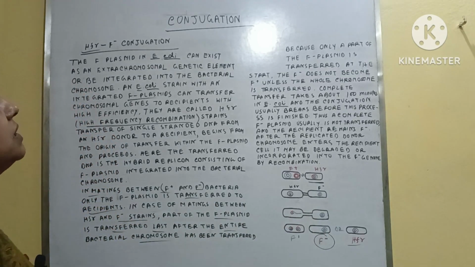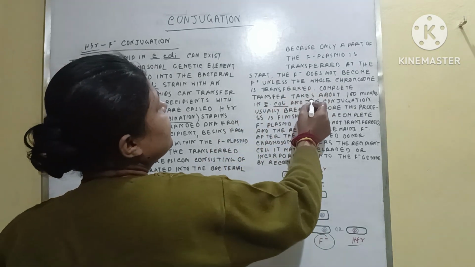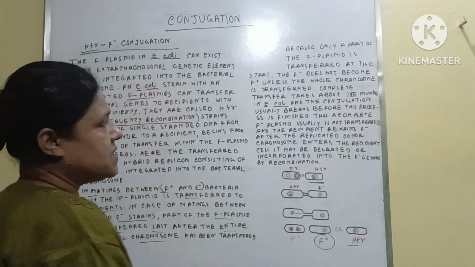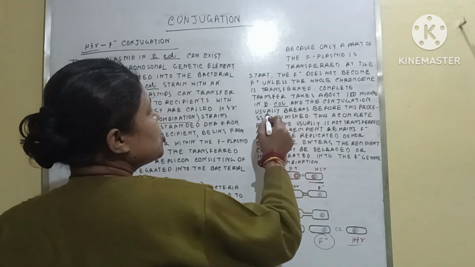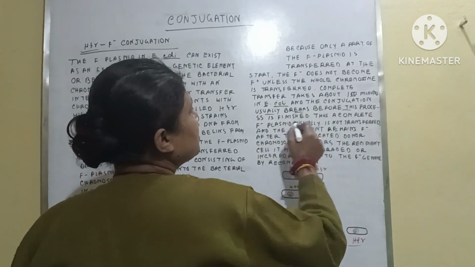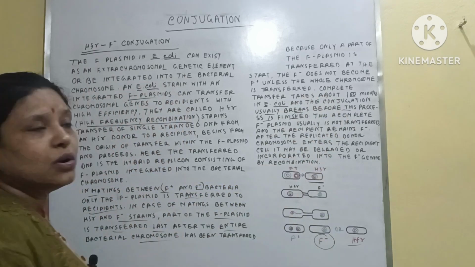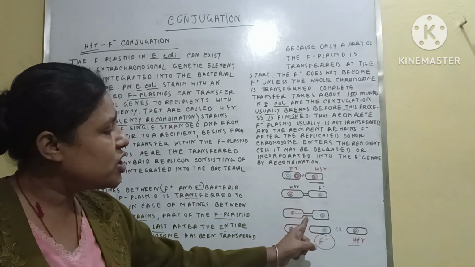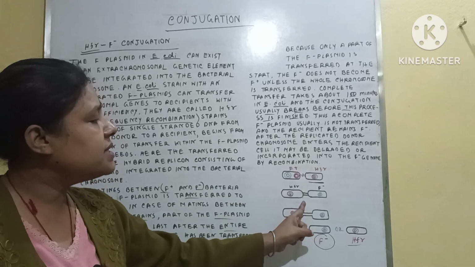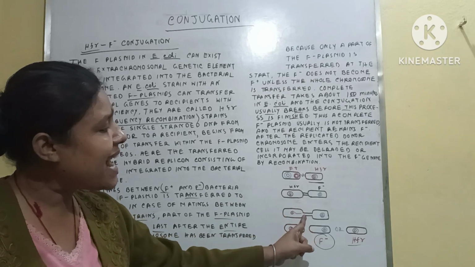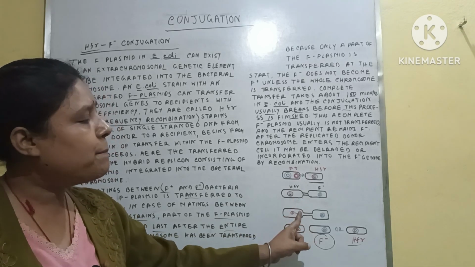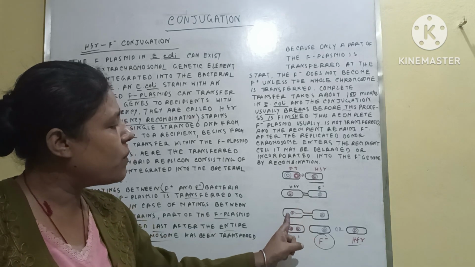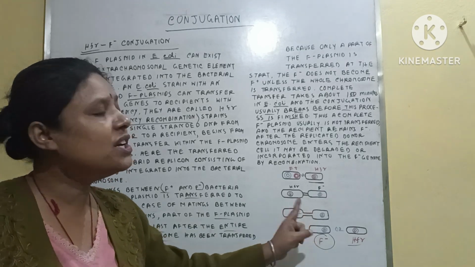But complete transfer takes about 100 minutes and the conjugation usually breaks before the process is finished. So the thing is that this cytoplasmic conjugation bridge does not remain stable up to the total transfer of the DNA from donor to the recipient.